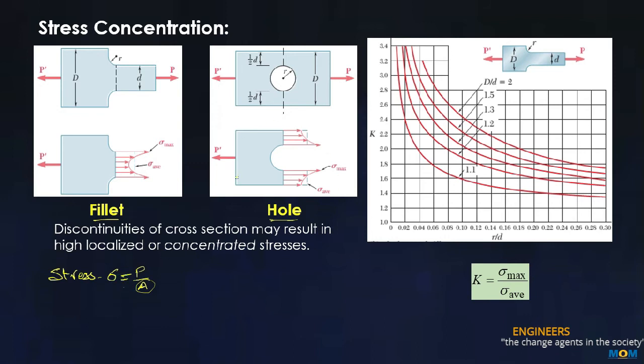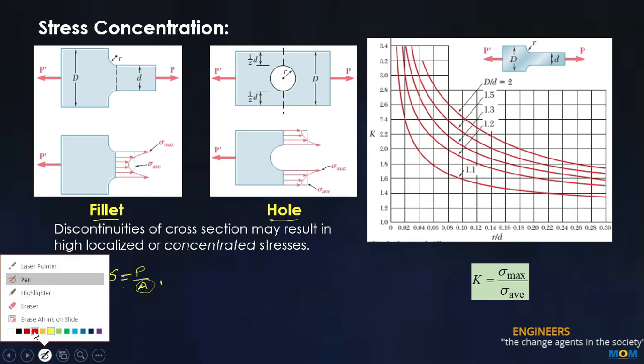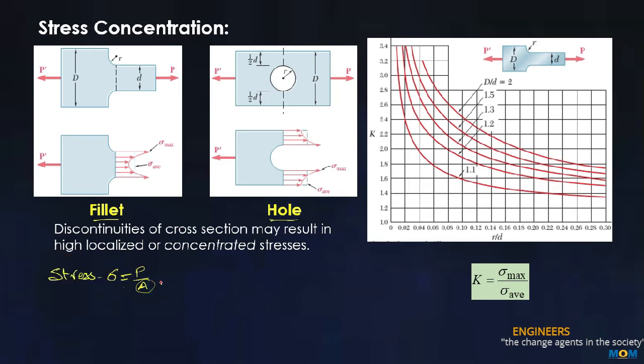Similarly, in the case of a hole, once you have a uniform cross section area of a member and in that you have a hole, at the location of the hole the cross section area is going to be reduced. As per the expression, with the reduction of cross section area, the stress is going to increase.